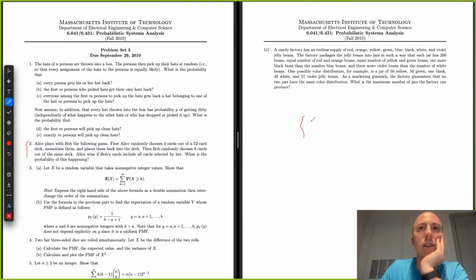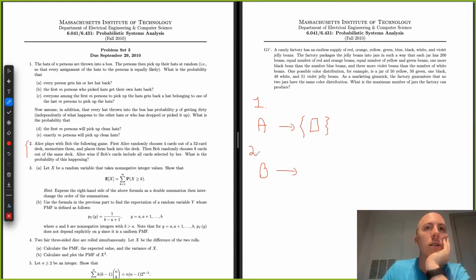So first it was Alice. So I guess you have these cards, and Alice does something and then puts them back. And then Bob does something. Does something with 4. Bob does something with 8.